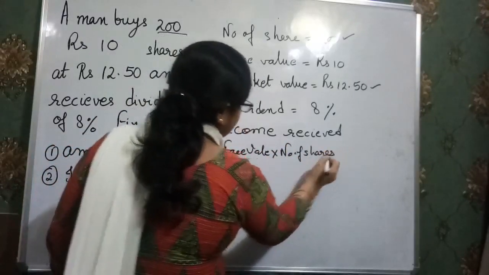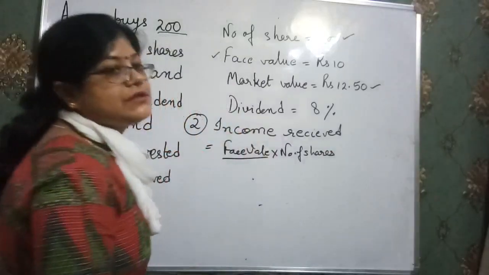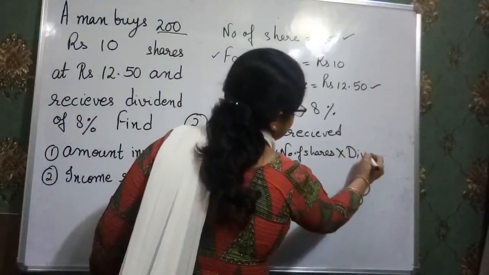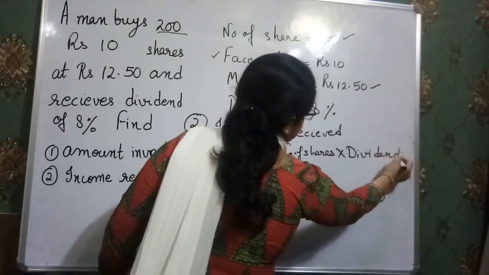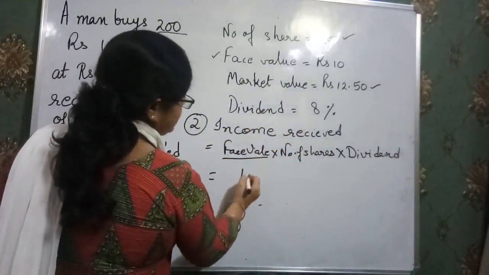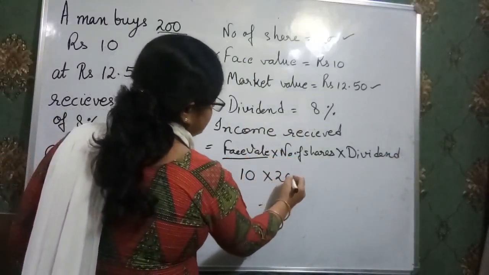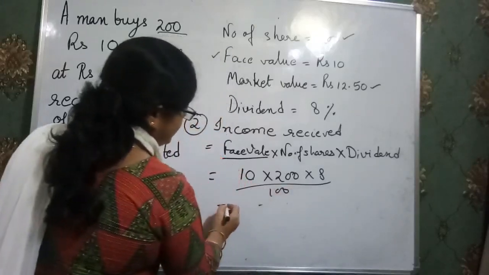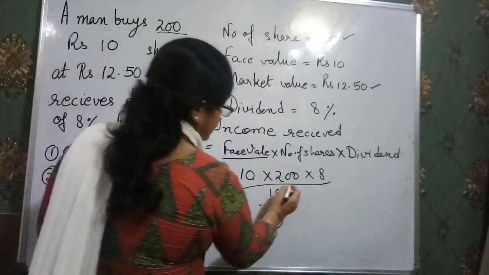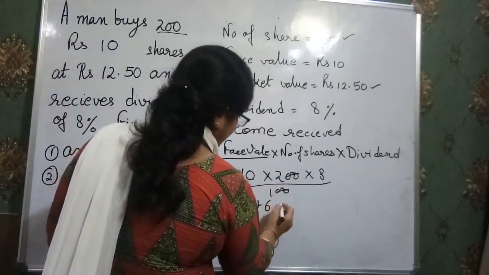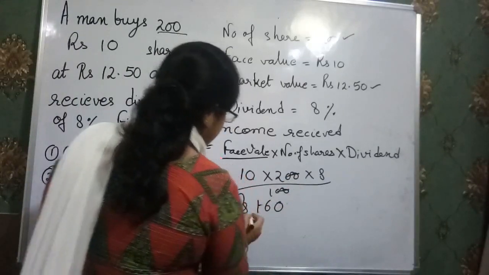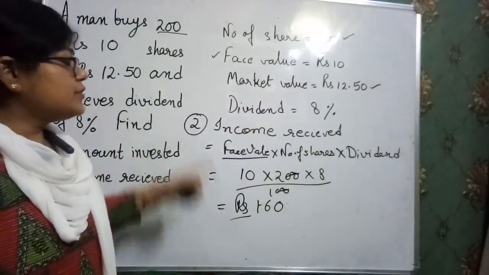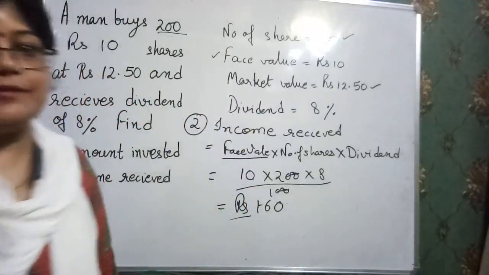One thing must be noted: the face value of the share is taken in that case. And the dividend announced by the company. So now multiply the face value 10 with the number of shares 200, and the dividend is 8 by 100. That means it gets cancelled, 8 times 20 is 160 rupees. That means the shareholder got 160 rupees from the company. Just note it, I am going to explain some more concepts.